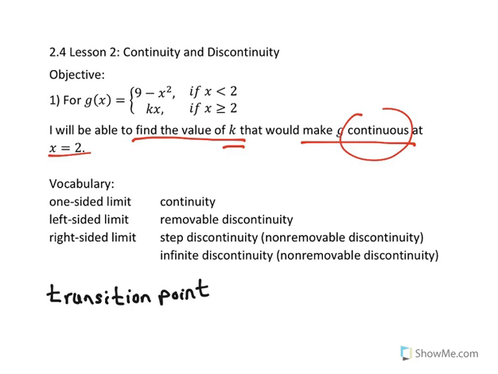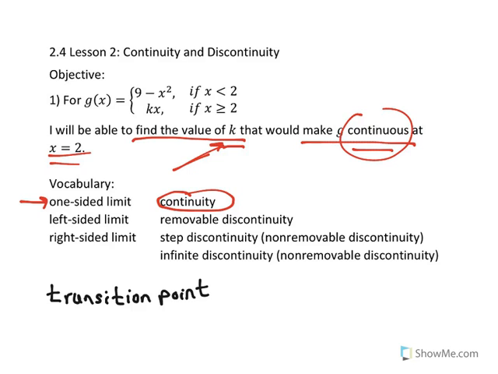And what that means is the two pieces will connect at x is equal to 2. So we will look at the definition of continuity, and we will be working with one-sided limits to find the value of k that would cause the piecewise defined function g to be continuous at x is equal to 2.